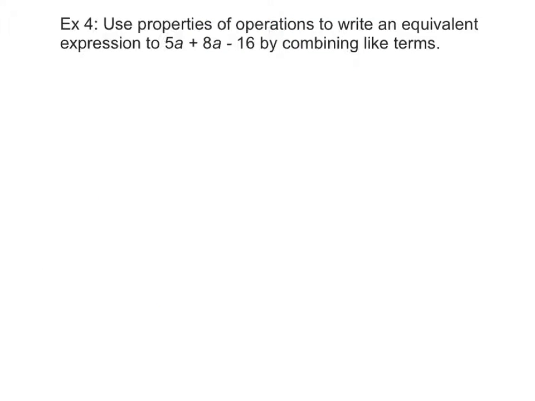Okay, let's give you guys some practice. First, we're going to be just combining like terms using those properties. So this is going to look very similar to 7.7. Here we have 5a plus 8a minus 16. We're going to use properties of operations to write an equivalent expression by combining like terms.